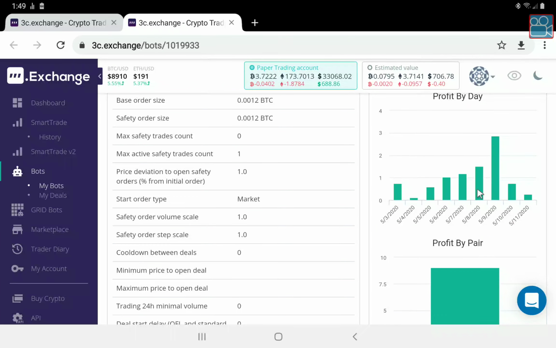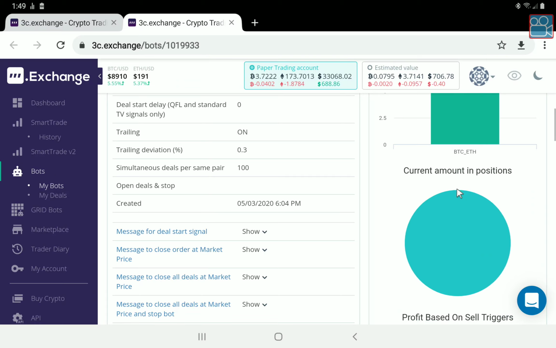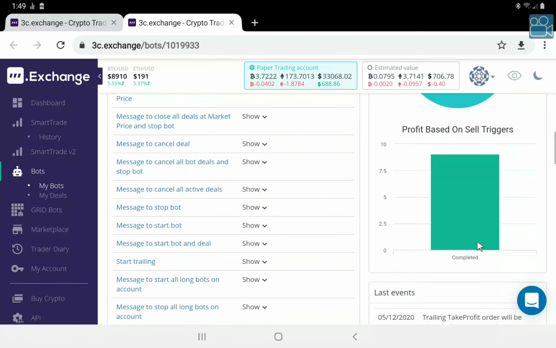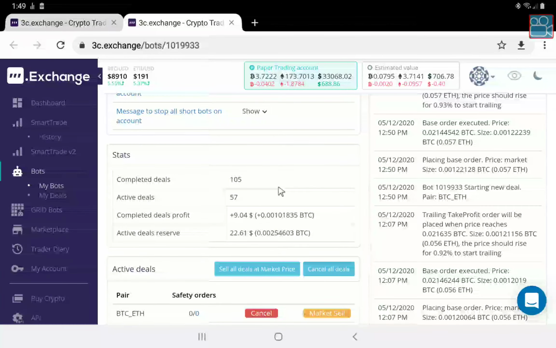Here are the profits per day, not bad. Shows you nothing but pure profits all the way through. But when we come down here, it has 57 open orders.